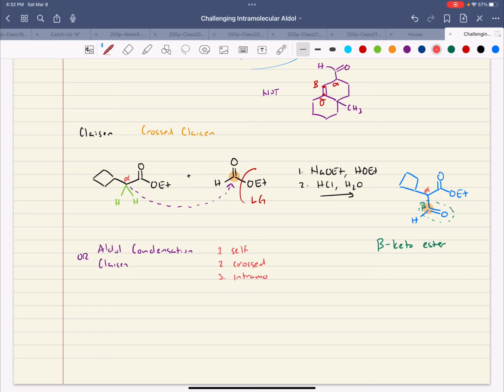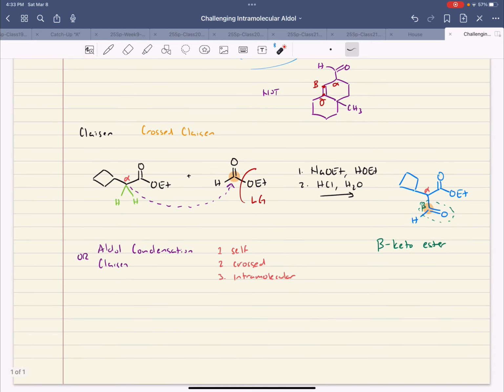And yes, we did an intramolecular aldol condensation, but you could also have an intramolecular Claisen. Technically, it's called a Claisen condensation because the leaving group, in this case OEt, becomes HOEt, and it starts to condense. You'll literally see droplets of liquid. All right. Is there anything else I want to do?